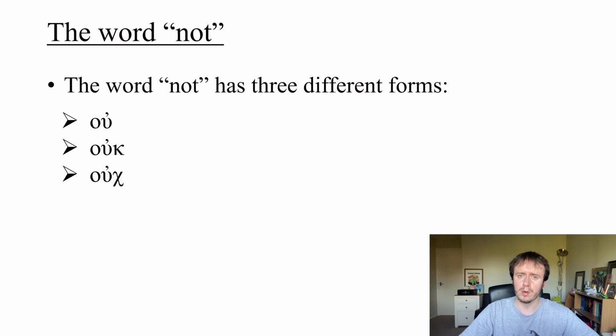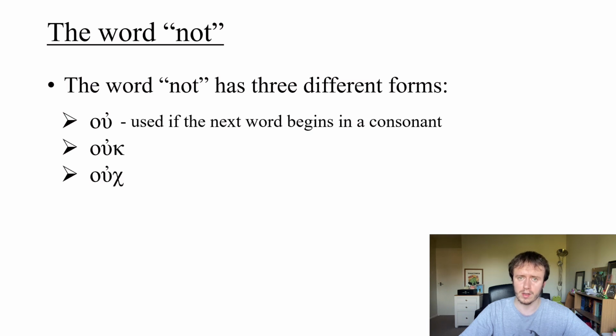The first form, ou, which we might think of as the basic form of ou, is used if the next word begins in a consonant. So if the word that follows ou begins in a consonant, then the basic form, ou, will be used.